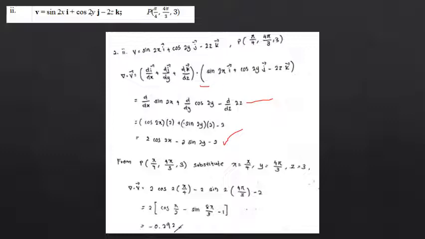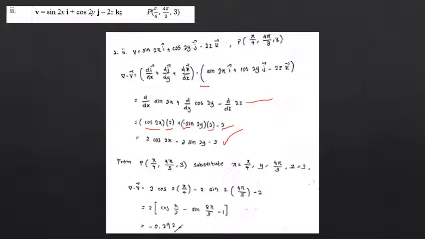As we can see here, if we differentiate sin 2x, we will get cos 2x. Then we differentiate the 2x and we will get 2. For cos, differentiate cos, we will get negative sin. After that, differentiate 2y, we will get 2. For 2z, we differentiate 2z and we get 2.